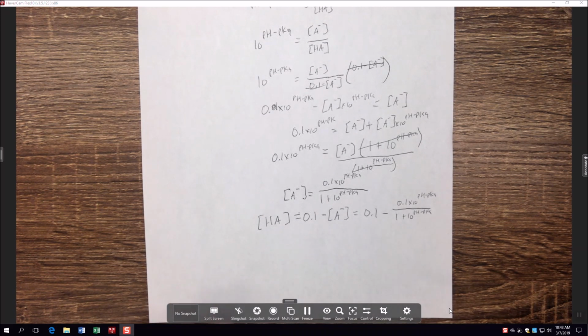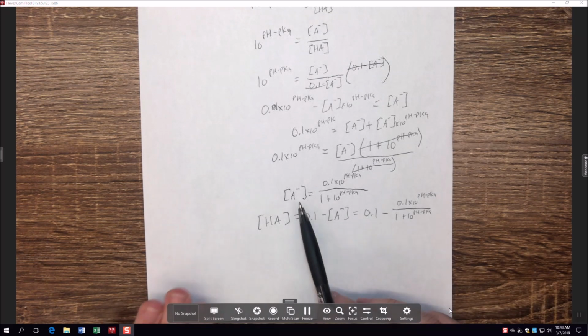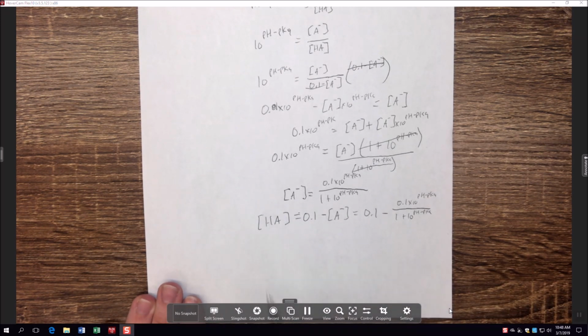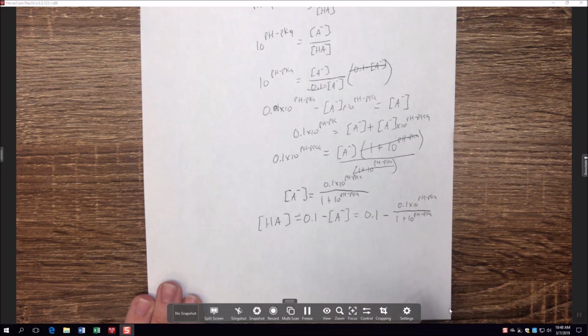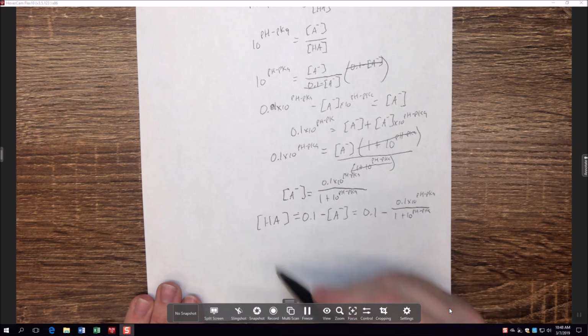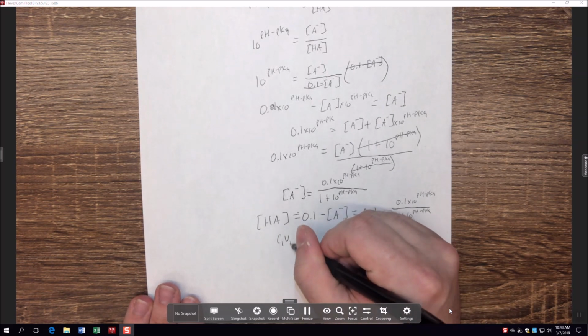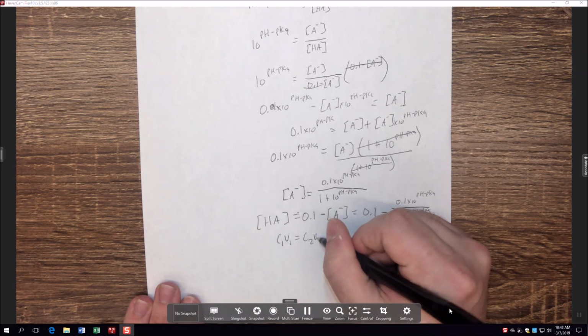So now what you need to do is figure out how much of each of your solutions to use to make the appropriate concentration of A minus and the appropriate concentration of HA. Well, just like always, anytime you're trying to solve for a volume given an initial and a final concentration, you can use C1V1 equal to C2V2.